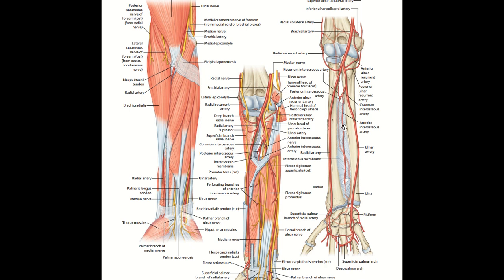It's going to give an anterior interosseous artery, which runs on the interosseous membrane and supplies muscles of the anterior compartment. And then you're going to have your posterior interosseous artery, which is a branch of the common interosseous artery from the ulna.